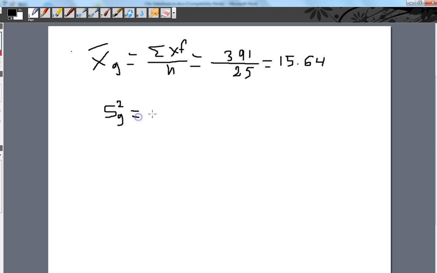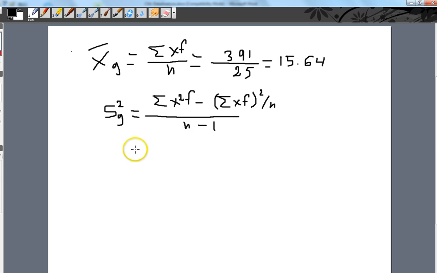Okay. Now for the sample variance, that's s squared G, and there's just a G to indicate we're dealing with grouped data. Again, put the line first, so we won't mess up the formula. And remember, the formula is the sum of x squared f minus the sum of xf squared, divided by n, and everything is divided by n minus 1, right? Now we're going to substitute those values.